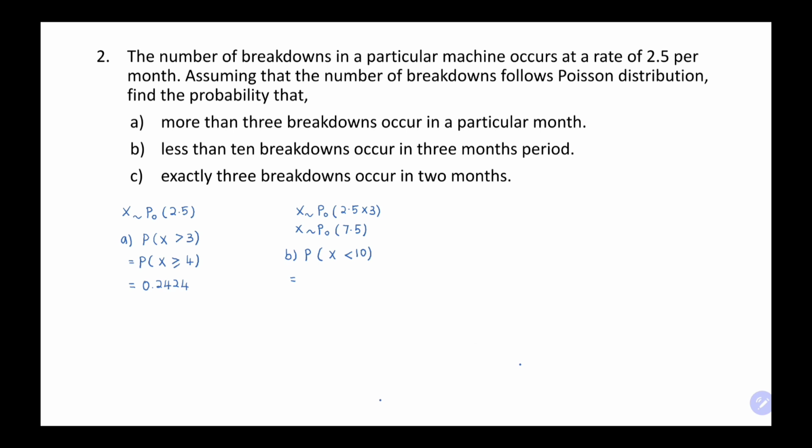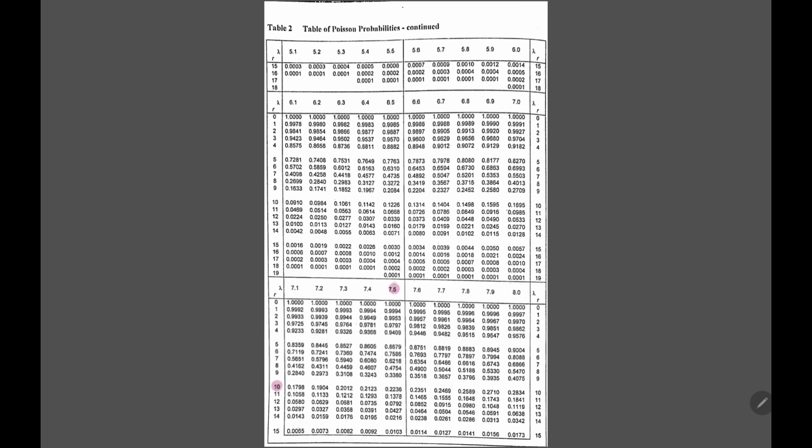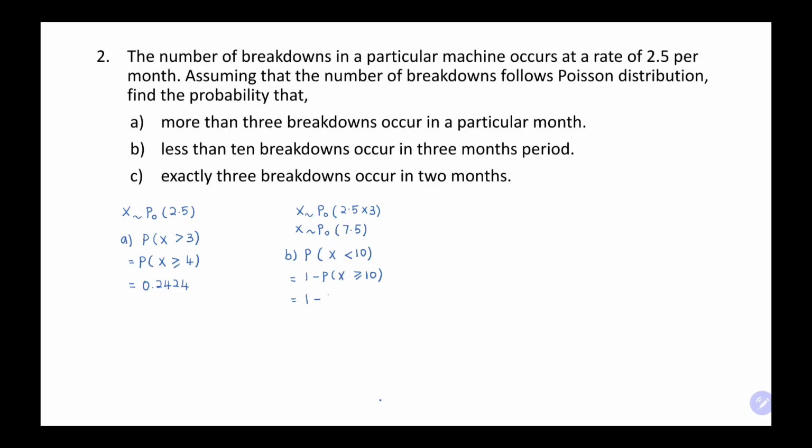We want 0 until 9, so we subtract 10 and above from 1. So we check the table, lambda 7.5 and r equals 10. Our answer is 0.2236. So we copy here 0.2236. Then we subtract, and we get the answer 0.7764.